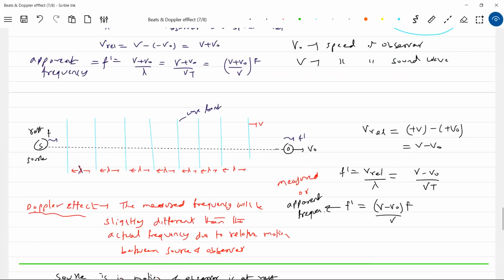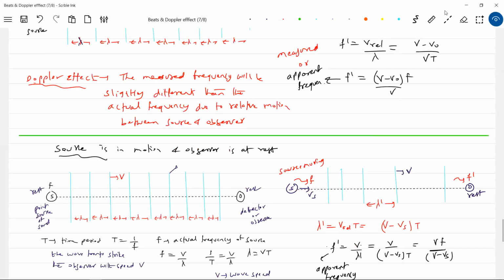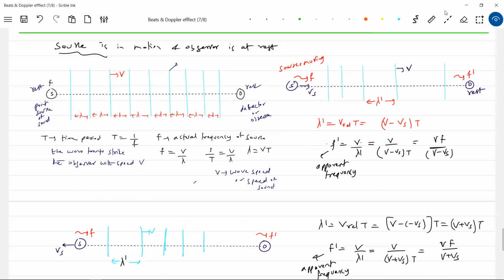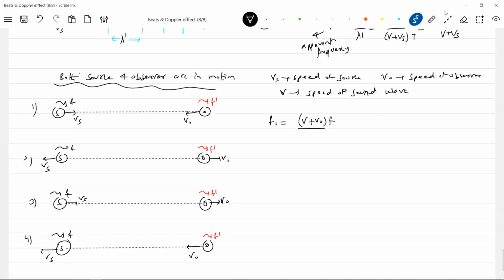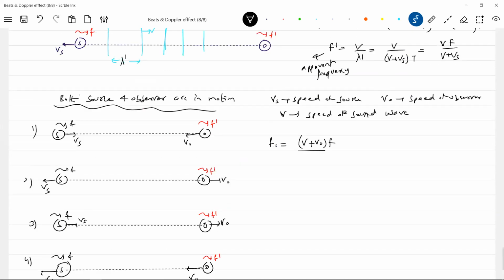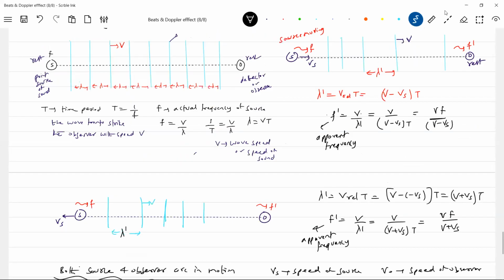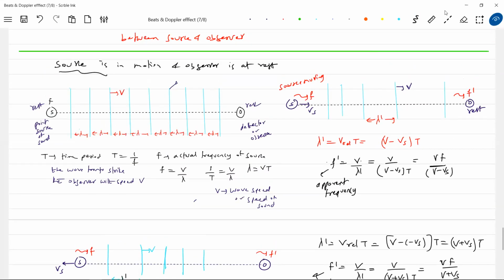So now you can see this. What is F1? F1 will be observer moving towards source, so V plus V naught times F. Source approaches observer, where in the denominator it was V minus Vs. Got the idea?